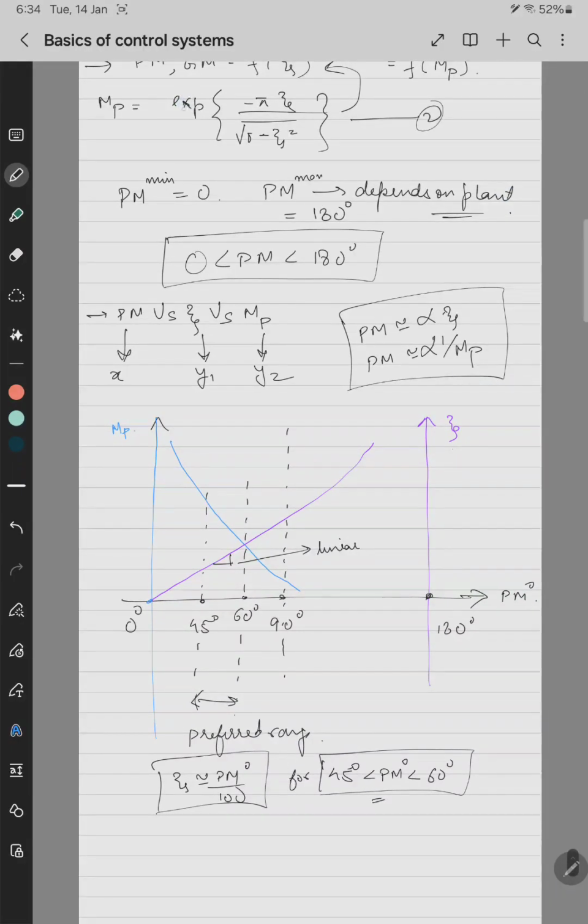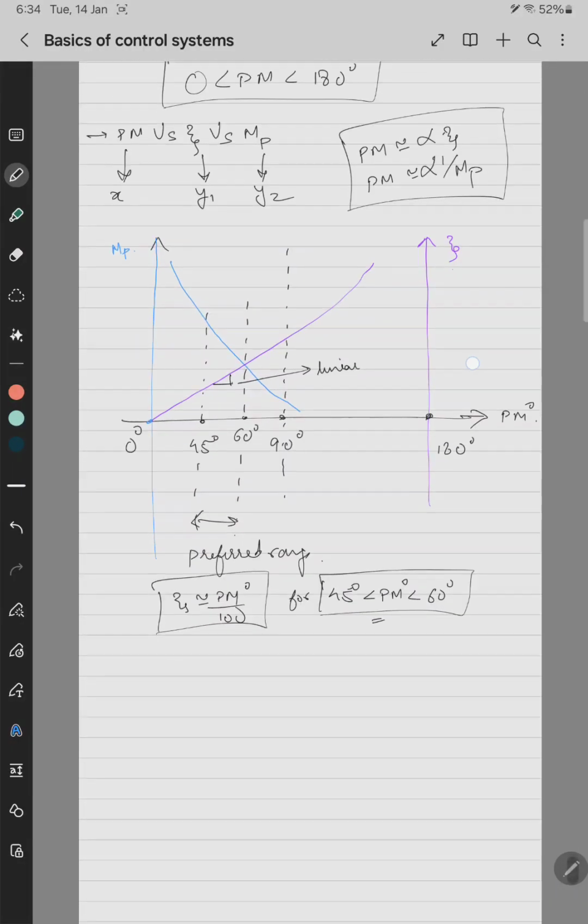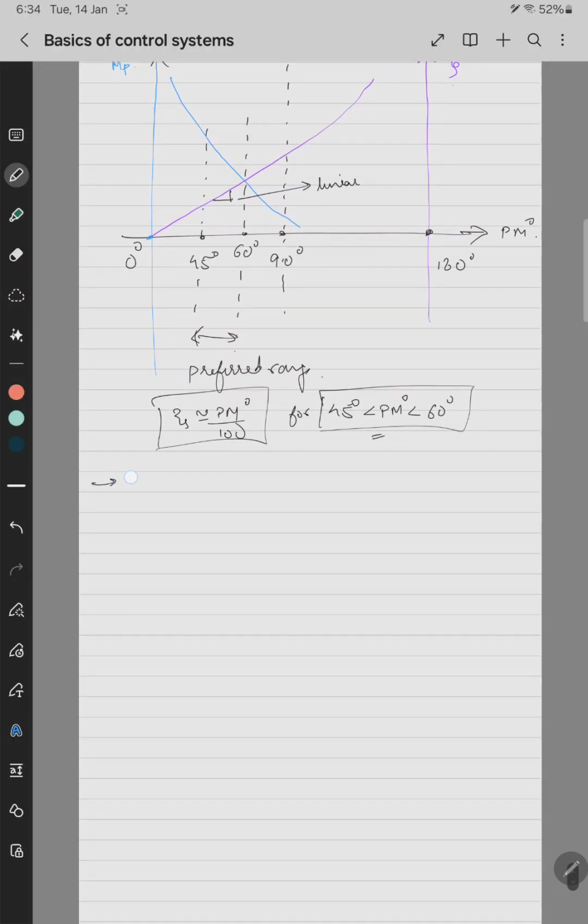For rise time and settling time, you have to do G closed-loop of S to correlate TR, TS with phase margin and gain margin. We need to solve this.